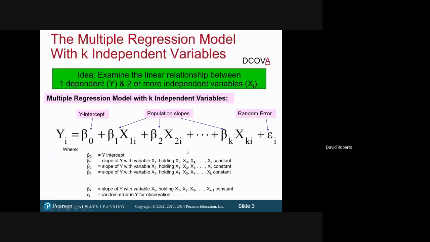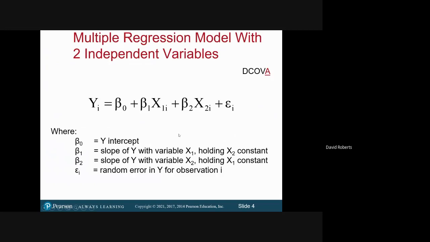So in this case, you've got a whole bunch of slopes, B1, B2, all the way to whatever. And the math becomes incredibly tedious and difficult to do by hand. Nobody, even years ago, would want to do it by hand.